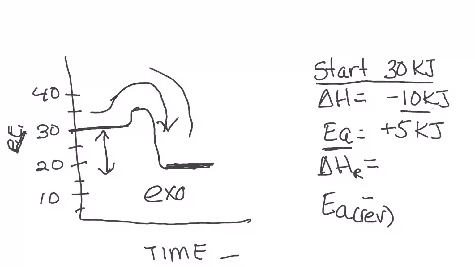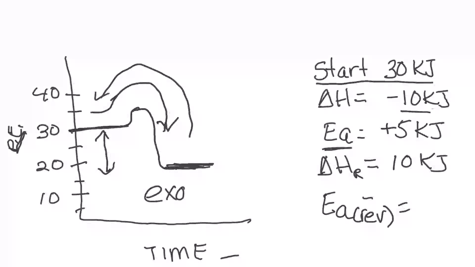But if I go reverse, I go from low to high. So I gain potential energy in the reverse. How much? I gain 10 from start to finish. And notice the delta H and the delta H of reverse will always be the same quantity, different signs. Activation energy, however, is not the same quantity and just different signs because they're going to have the same sign.